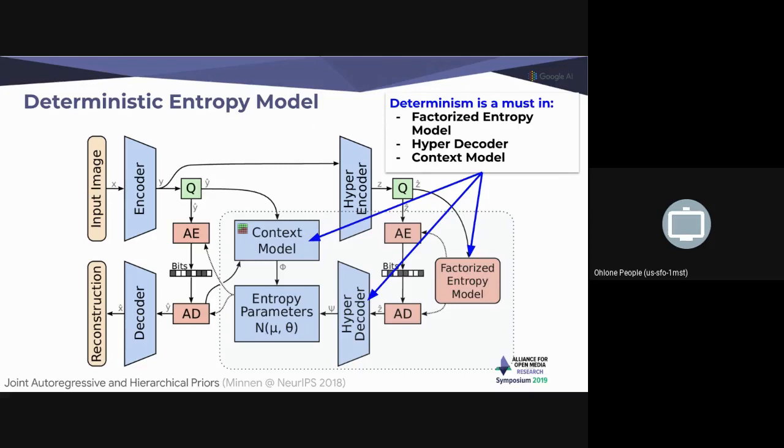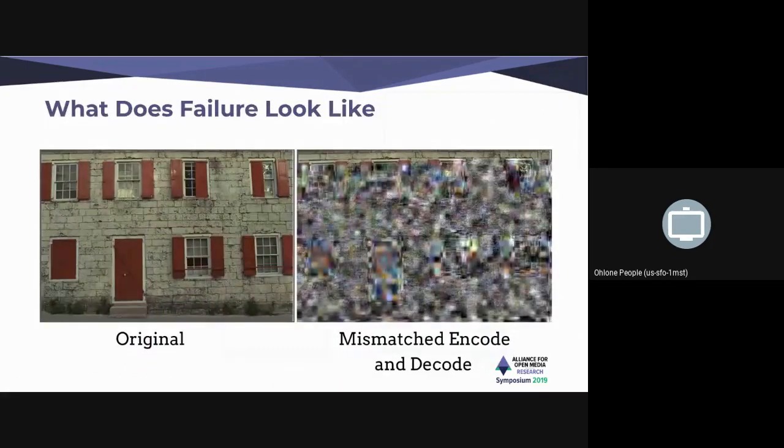Let's see what it actually does in reality. Here is our original image that we compressed on a CPU, and we decoded it on the same CPU, but with a different number of threads. It turns out you don't even have to change vendors to get this kind of problem.